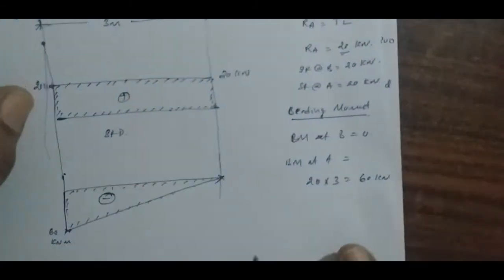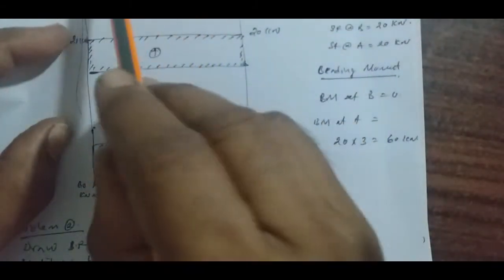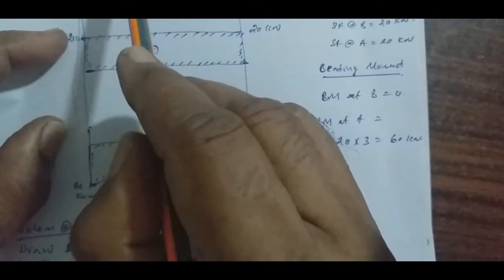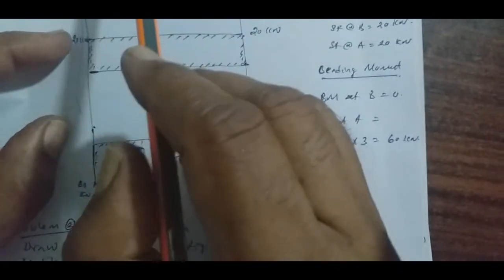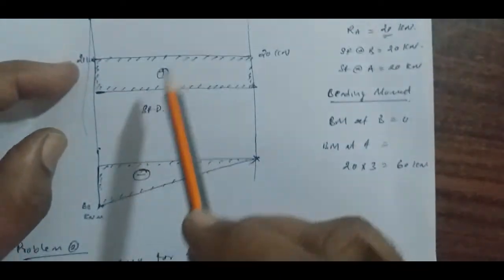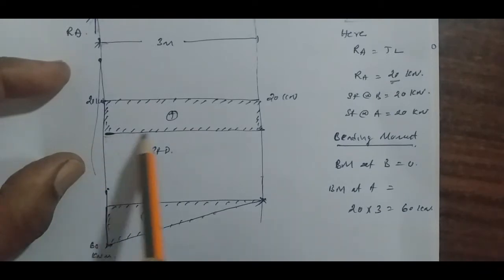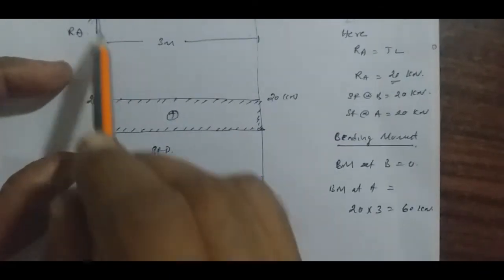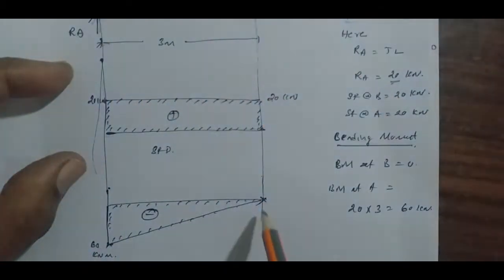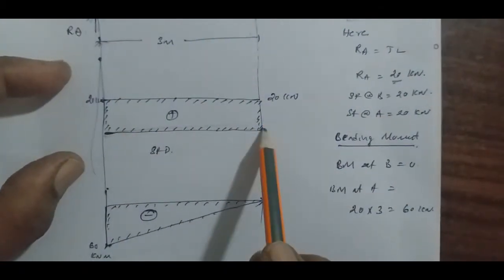How do we draw the bending moment diagram? This has a right side downwards and left side upwards pattern, so the shear force will be positive in nature. Draw a line equal to the beam span, and project all the load points and beam points.